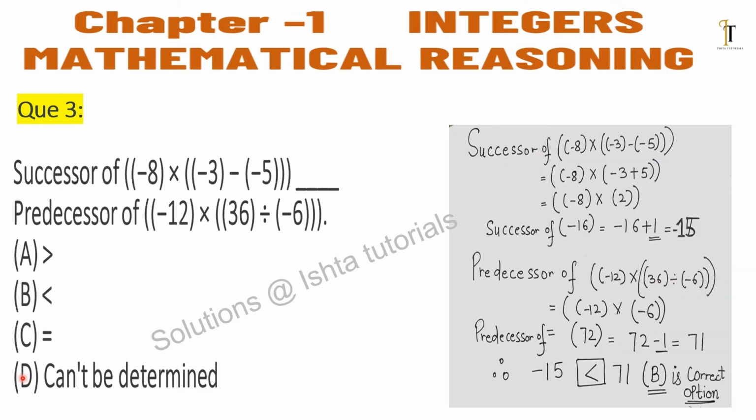Let's check the solution. The successor of this expression is -16. Successor means you need to add 1, so we get the answer -15. Whereas the predecessor of this expression is 72. Predecessor means you need to subtract 1, that is 71. On comparison, we have found that 71 is greater than -15, so option B will be the correct answer.